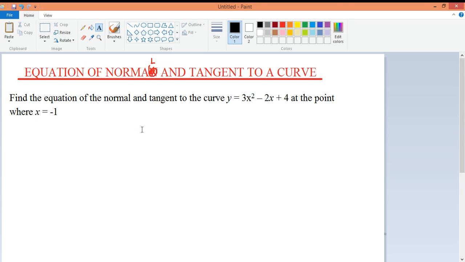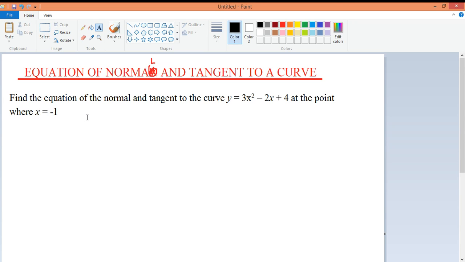We have learned that the gradient of the curve at any given point is the same thing as the gradient of the tangent at the same point. And we all know that to find the equation of a line, we need to obtain the gradient.